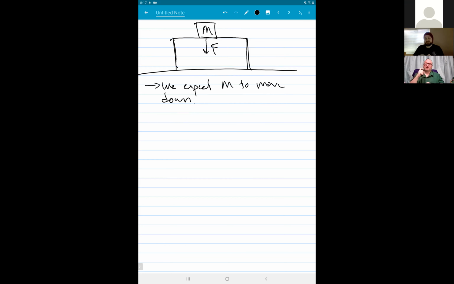Just to make it as simple as possible, we have some object sitting on a table like this. This is the table, poorly drawn. The object is sitting there, its weight pushing it down. If I drew that and showed it to another physicist, we'd go, okay, we expect this thing to start accelerating downward with a force equaling mass times acceleration. That's the acceleration we would expect.